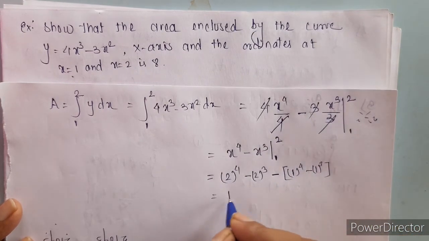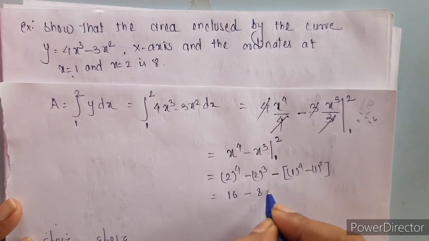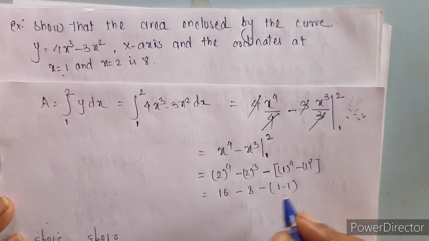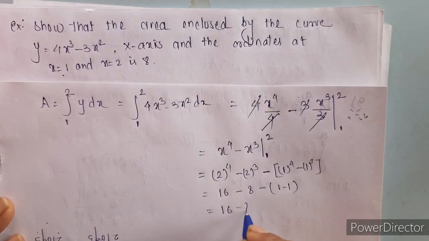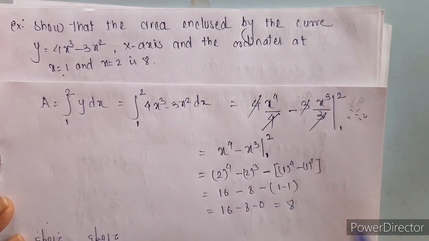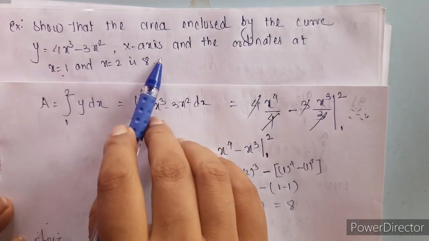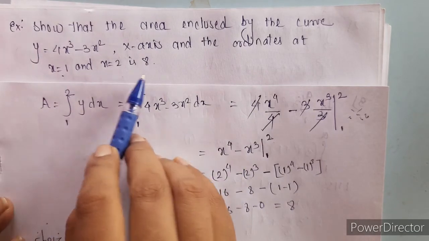So we can write this as 16 minus 8 minus 1 minus 1. Now, this 1 minus 1 is 0. So what we have is 16 minus 8 minus 0, which is equal to 8. So we have proved that the area enclosed by this curve and the x axis between 1 and 2 is 8.